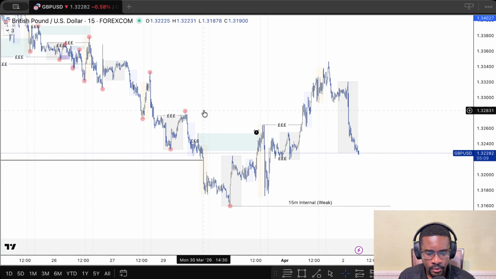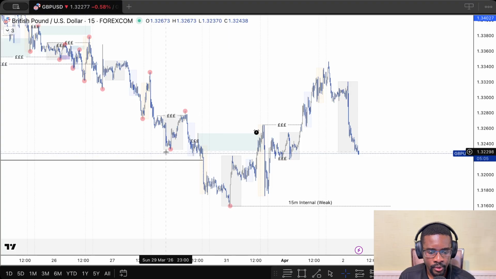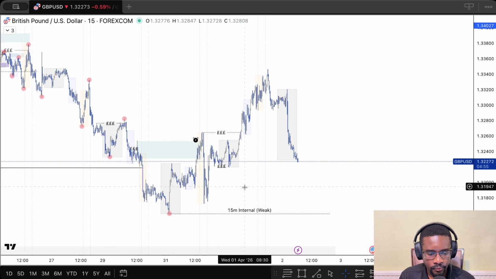This was my last break of structure, right? Internal. So now the internal has shifted bearish.